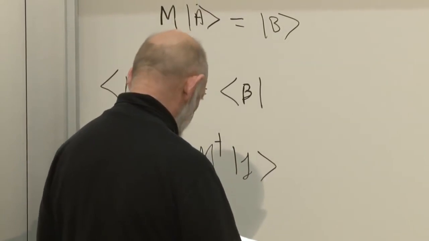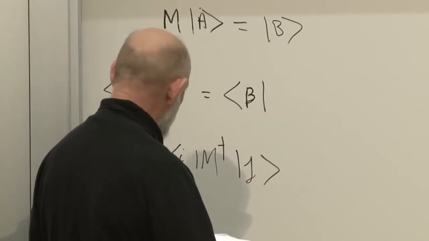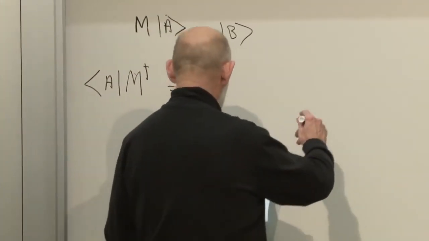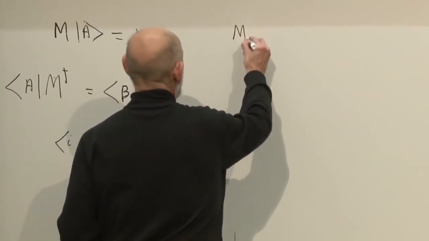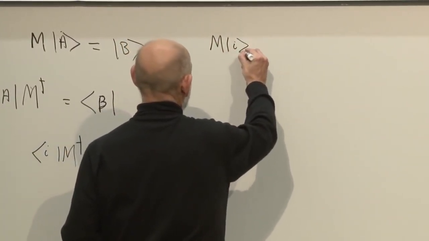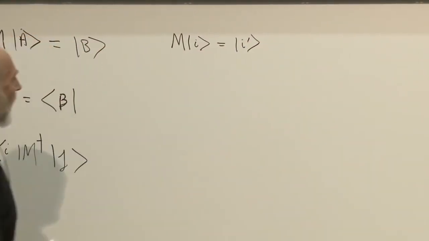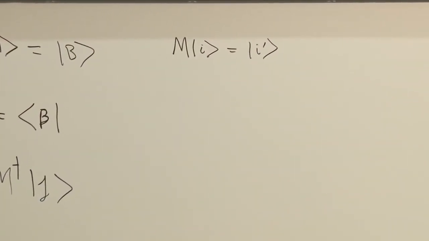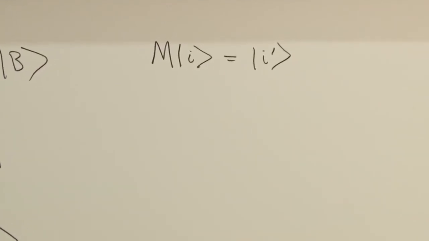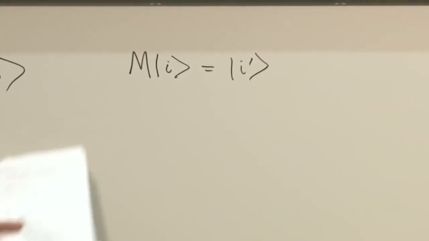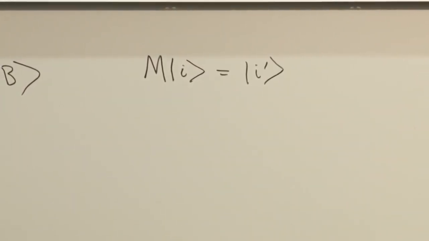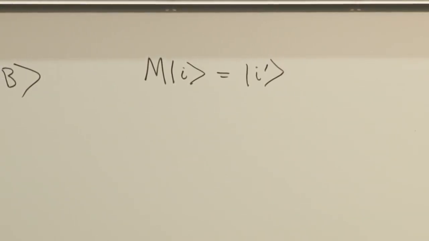All right. I think I have to step back for a minute. Let me suppose that M acts on the basis vector |i⟩ to give |i′⟩. |i′⟩ is just the result of sticking the basis vector into the M machine, and this is what comes out. Let's suppose that's the result. Okay.